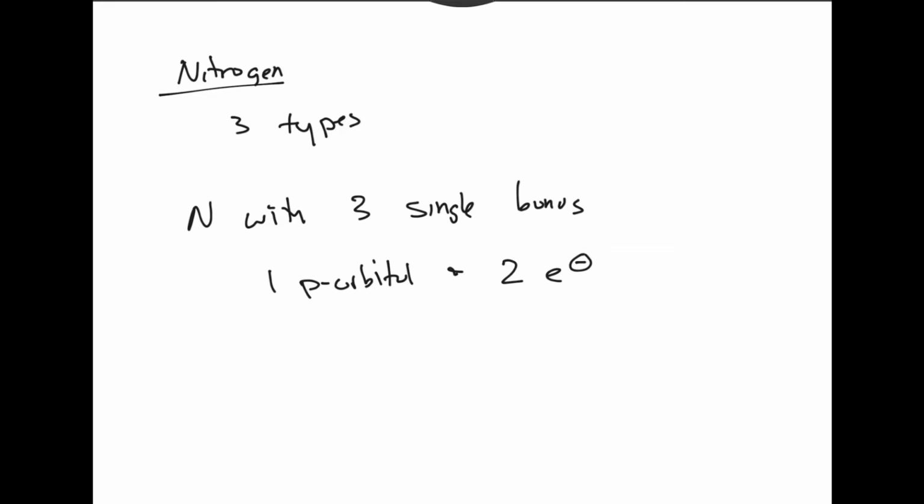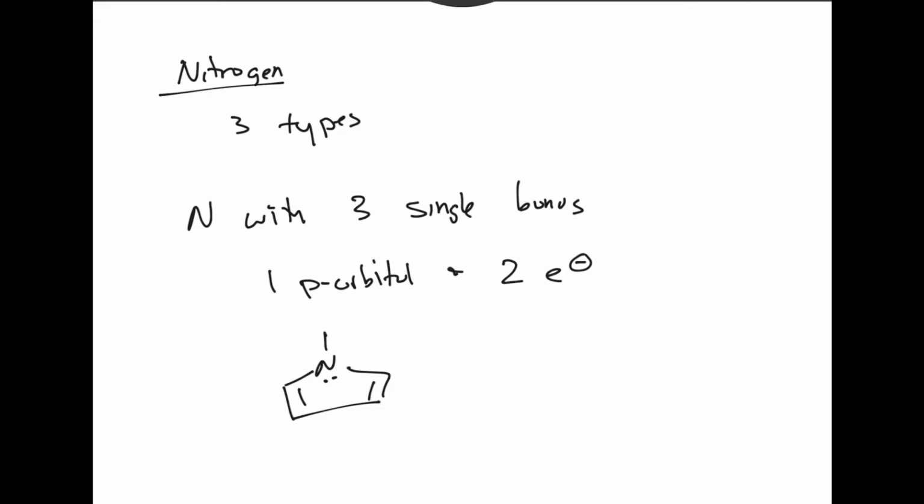All right. So if your nitrogen has 3 single bonds, easy money. Right? So it's basically just like an oxygen, but it only has the one orbital.